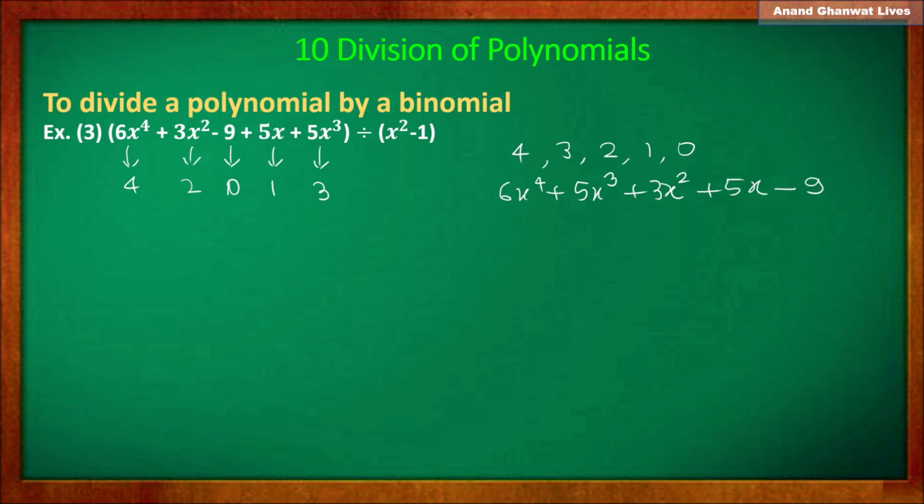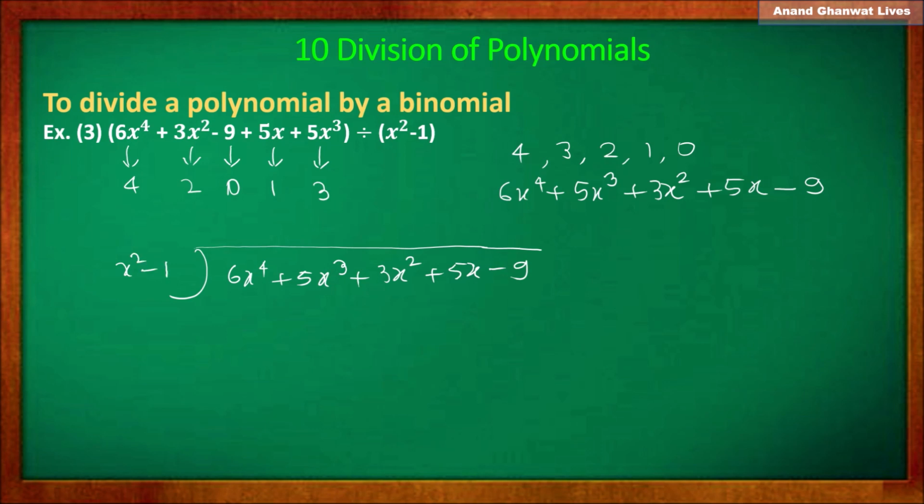So 6x raised to 4 plus 5x raised to 3 plus 3x square plus 5x and minus 9, that is the proper form of the given polynomial, and it should be divided by x square minus 1.